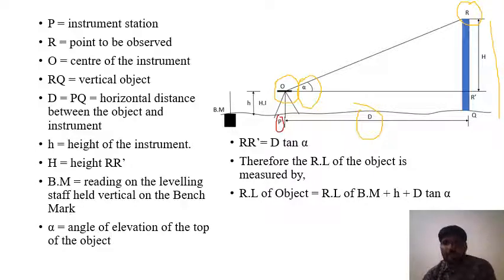Now I have to reach up to here, understand. What do I have to do? RL of BM plus HI. Okay, so I have reached up to this line. Now plus D tan theta, so I will find out this H and reach over there. So this is the basic funda in this chapter.